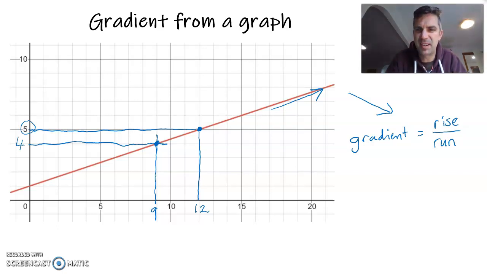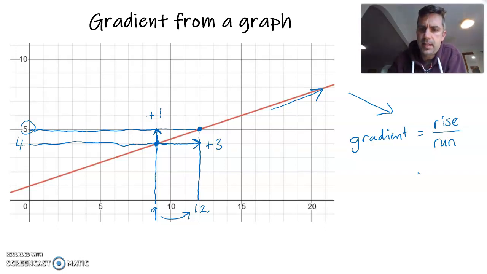So what do we mean by rise and run? Well, rise means if we are going from the left to the right, it means how far up or down we've gone. Now in this case, we've gone from 4 to 5, so we've gone up by 1. We've added 1 on. And when we go from left to right, we have gone from 9 to 12, so we've added 3 on.